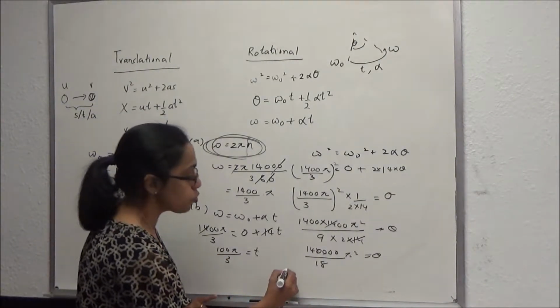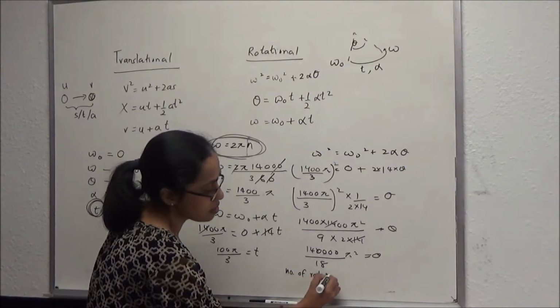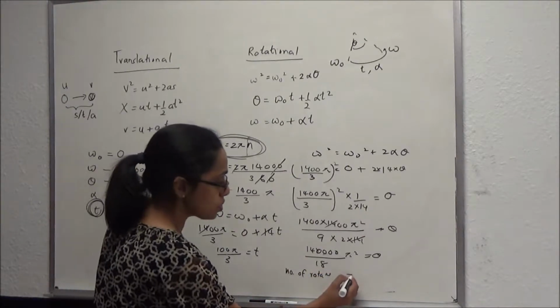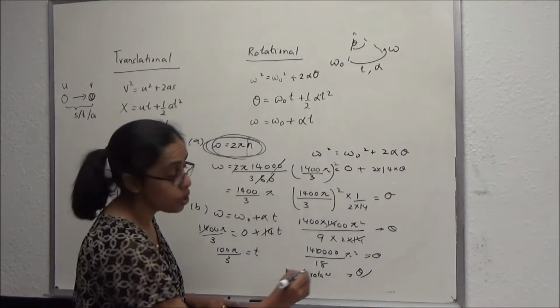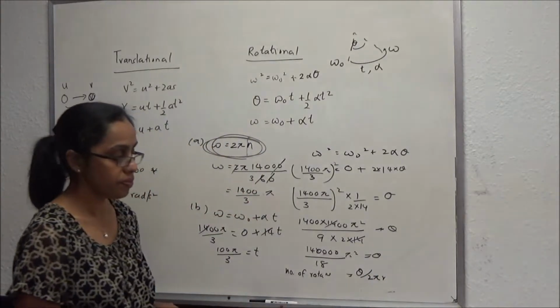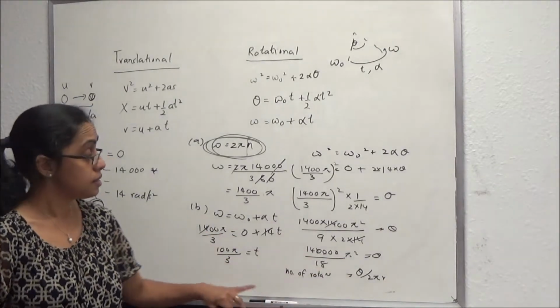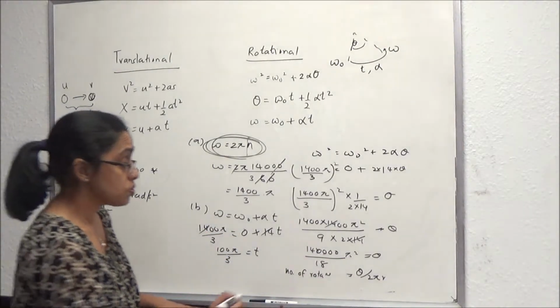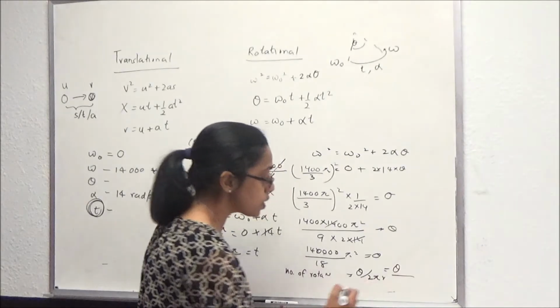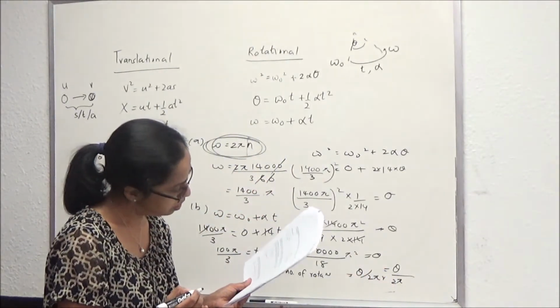Now, what should be the number of rotations? It should be theta divided by 2 pi r. So this pi would get cancelled. What is r? How much is r?